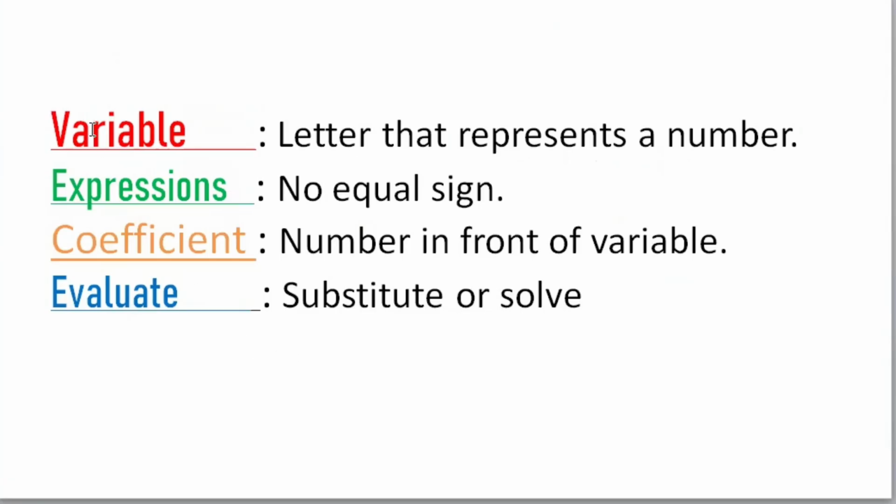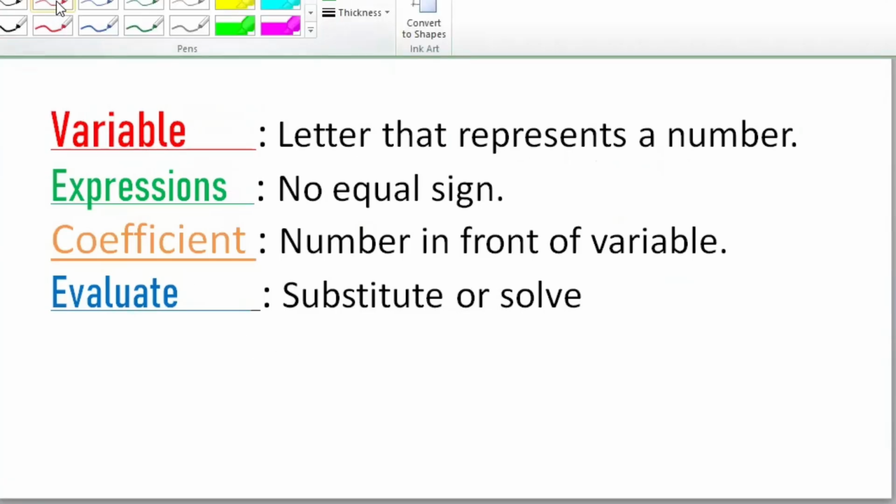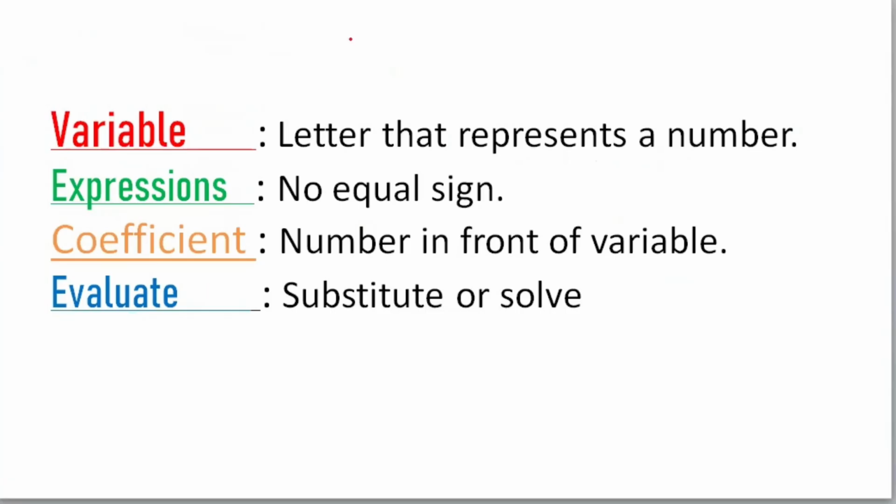Today what did we learn? We learned about variable. What is a variable? A letter that represents a number. And then what is an expression? A math sentence with no equal sign. Coefficient, the number in front of the variable. And evaluate means we have to substitute or solve.